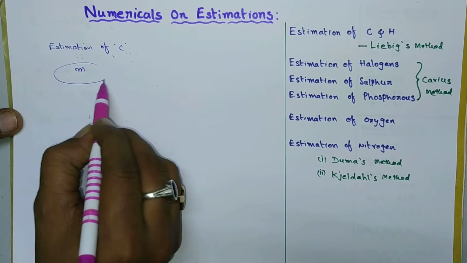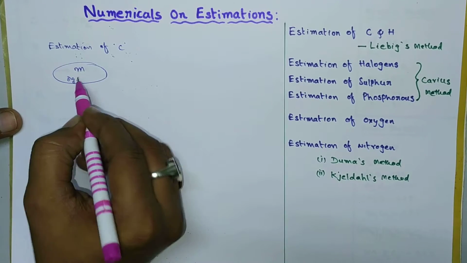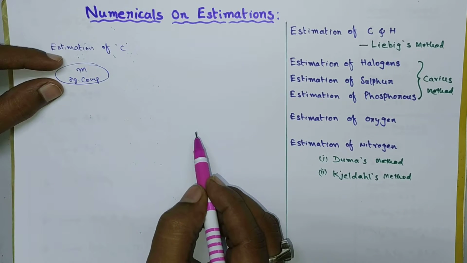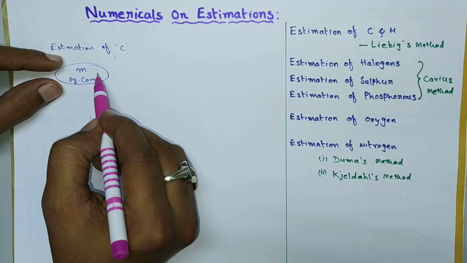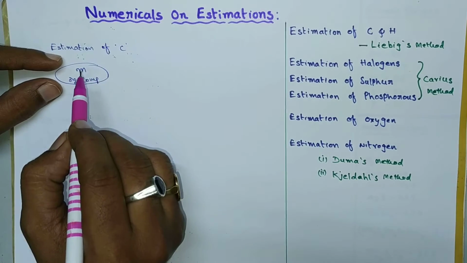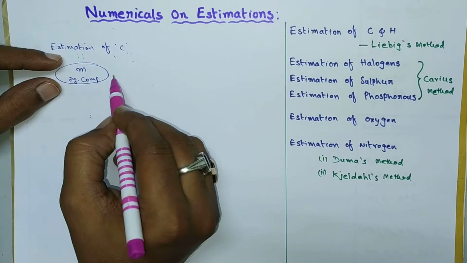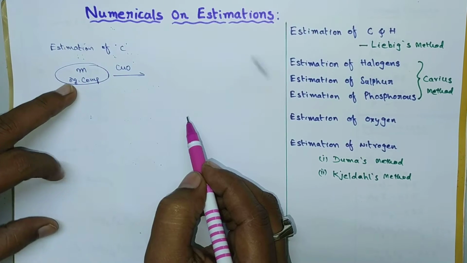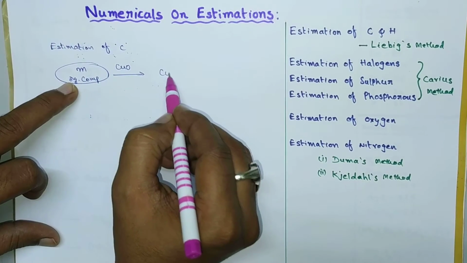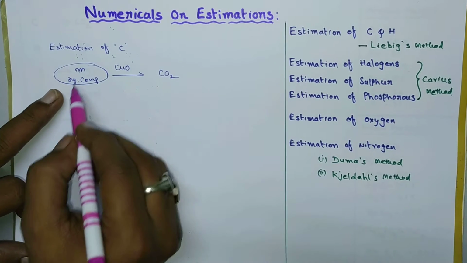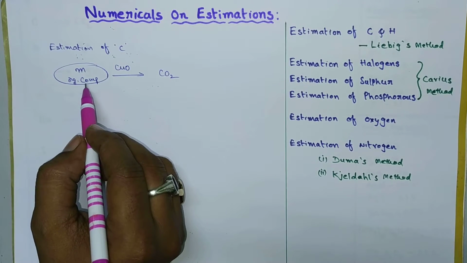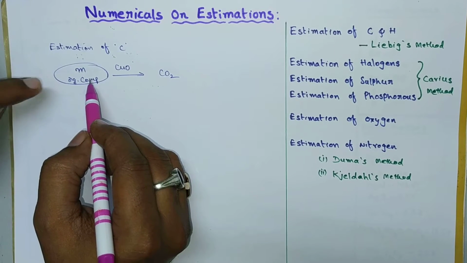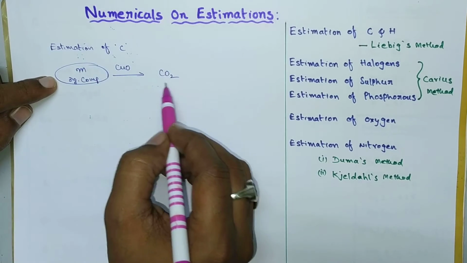Here we oxidize the carbon by using cupric oxide, CuO, so the element carbon present inside the organic compound is oxidized to carbon dioxide gas.